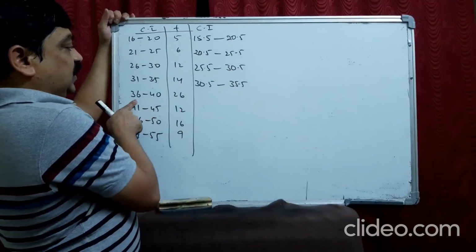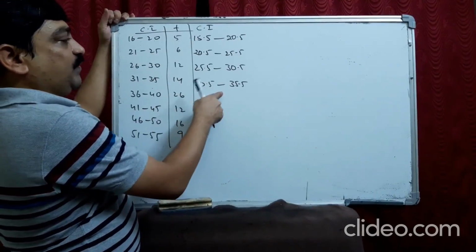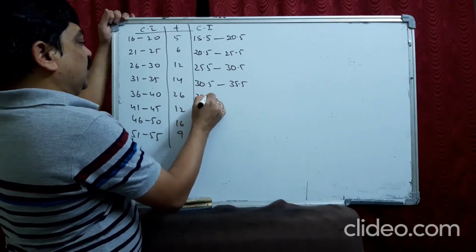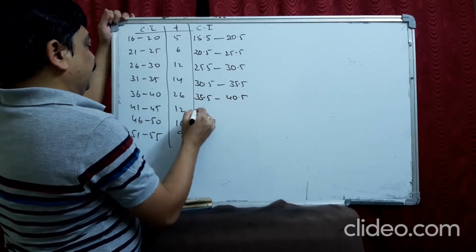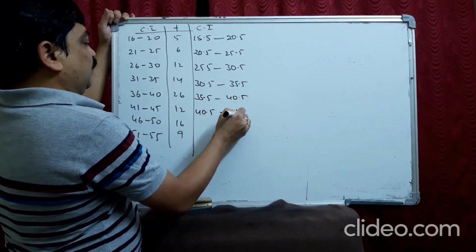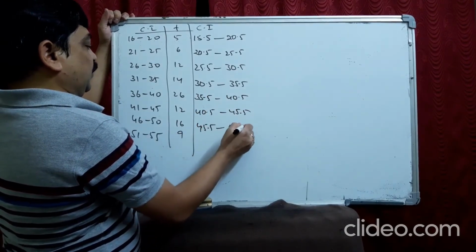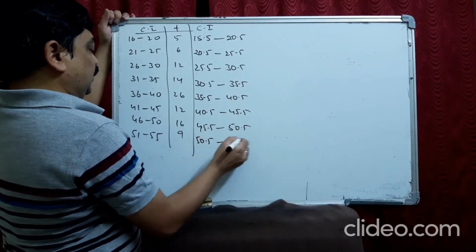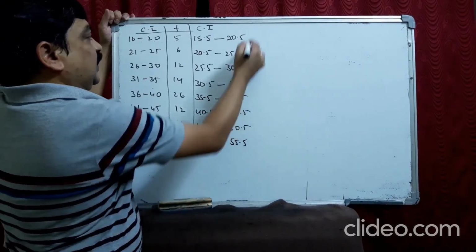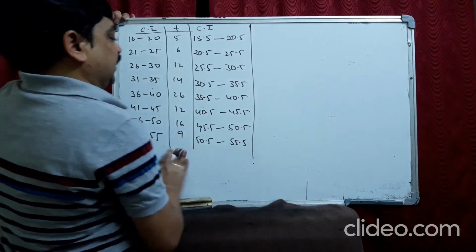Here the h was 4 actually, but here h will be 5 now. 35.5 to 40.5, 40.5 to 45.5, 45.5 to 50.5, 50.5 to 55.5. Now the problem starts again.